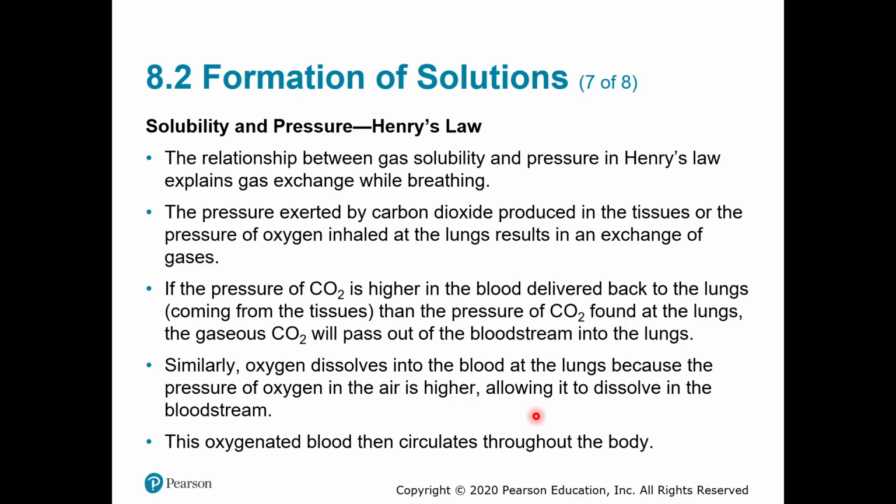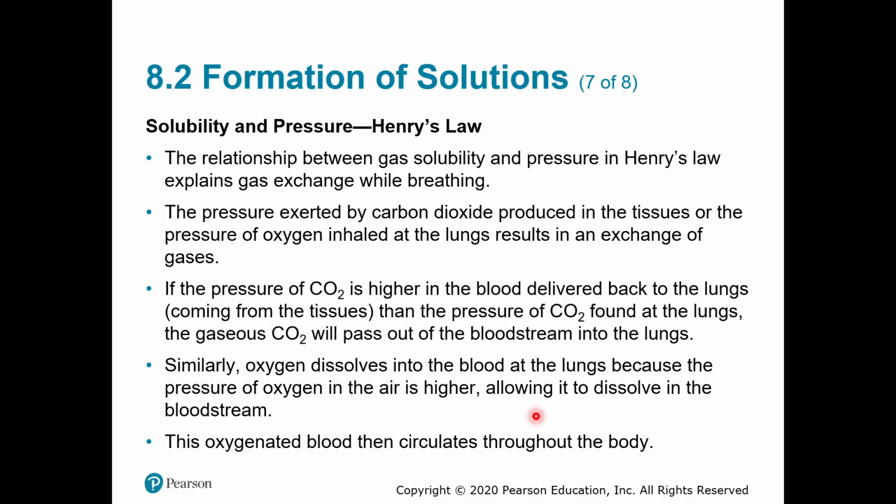So the pressure of the oxygen in our blood coming back to the lungs is much lower than the atmospheric O2 pressure. And so what's going to end up happening is, as long as we've taken in fresh O2 from our surroundings, that's then going to start dissolving into our blood. Okay? And then we have something to help us out. That's hemoglobin.